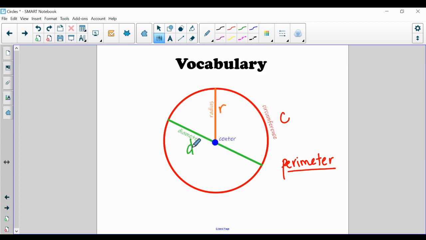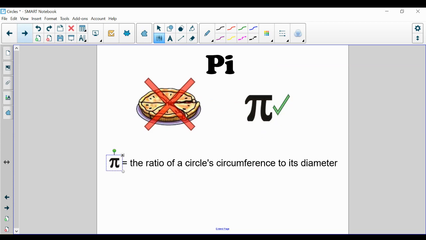All right. So you've probably heard the word pi. Pi is a special word that has to do with circles. And when I say pi, I'm saying pi, not a slice of pie, but rather this Greek symbol. And pi is the ratio of a circle's circumference to its diameter.